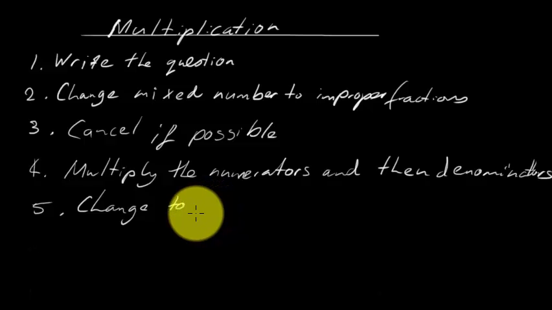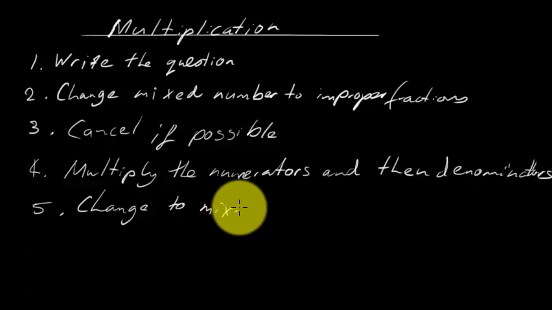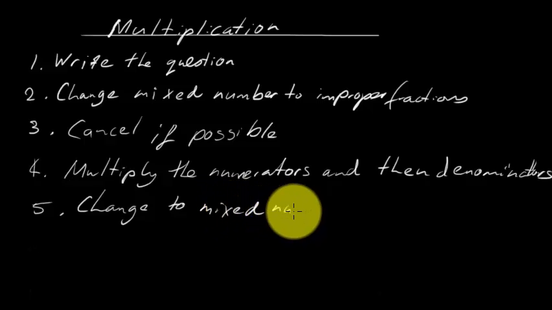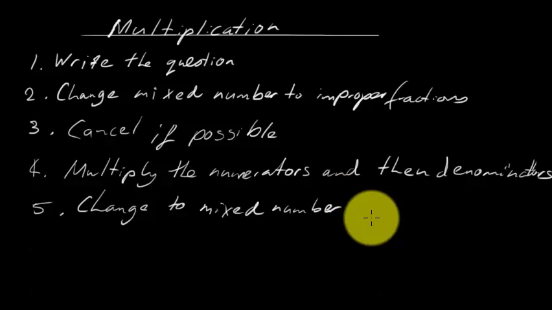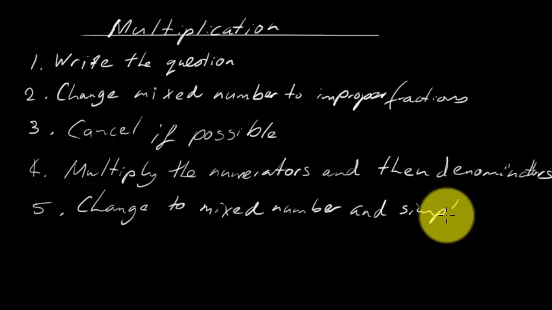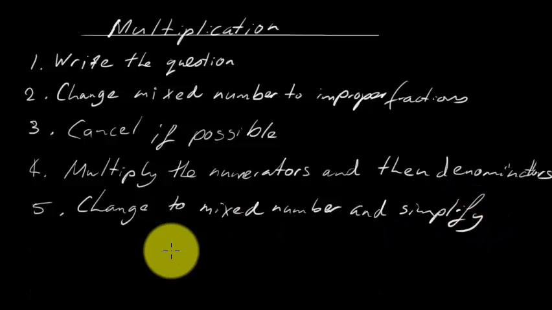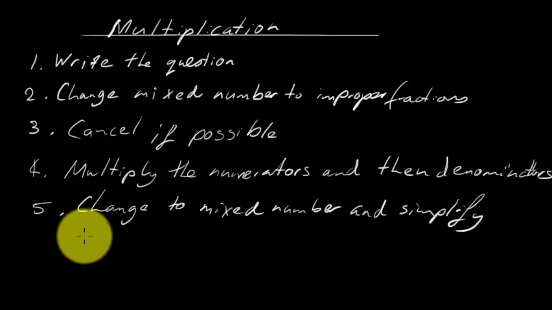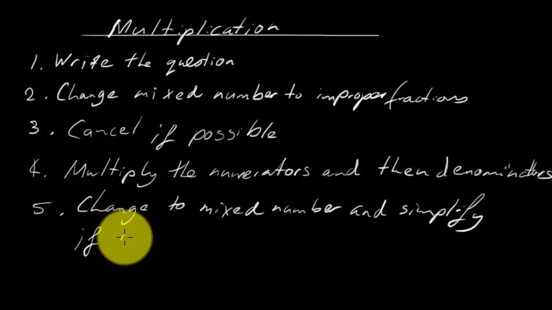This is a lot easier to read. So change to mixed number and simplify if appropriate. And in many cases you may not need to do that. That's why we say if appropriate.